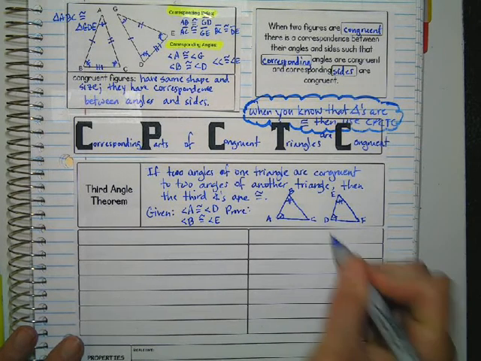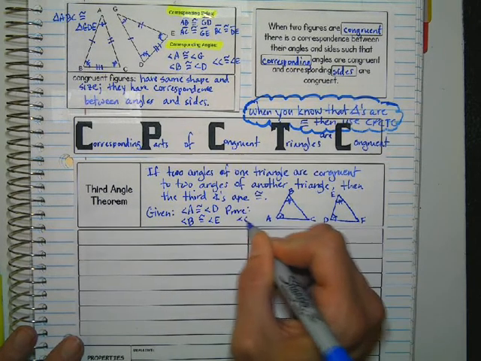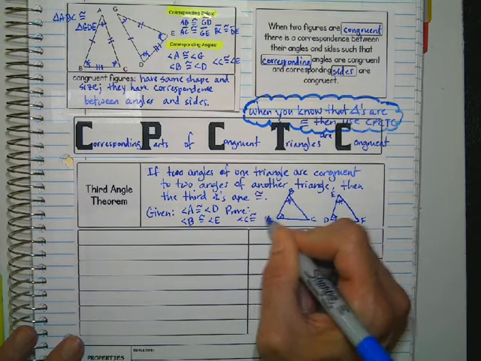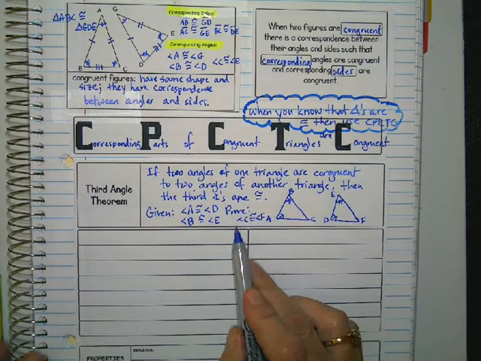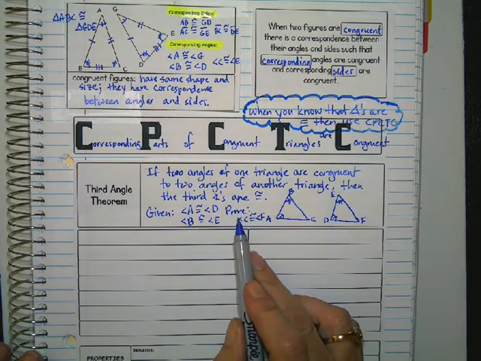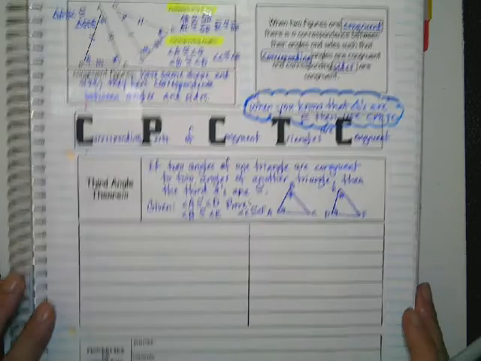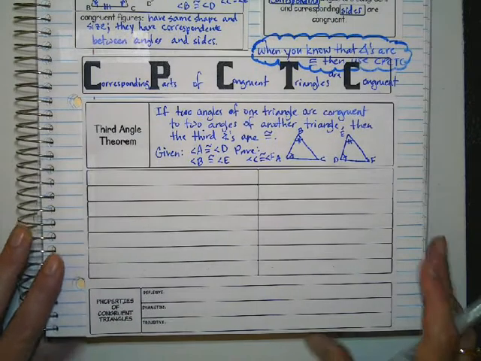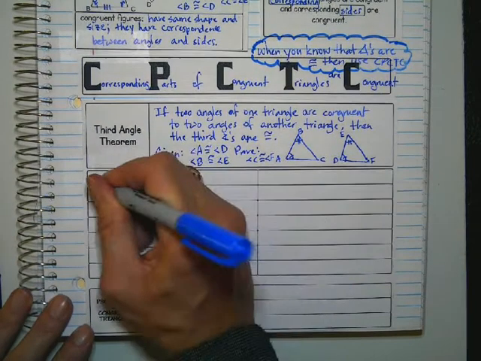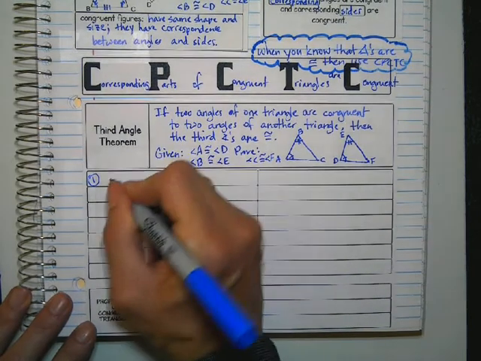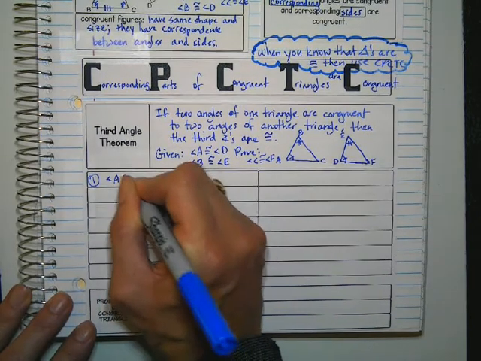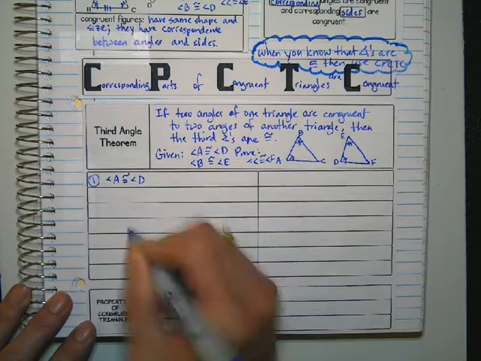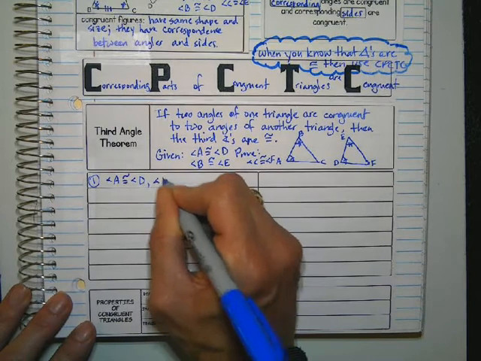So we've got the proof all set up here. Let's go ahead and get it started. Number one, of course, is the given. Angle A is congruent to angle D, and angle B is congruent to angle E. That's given. Now, if you want, you could go ahead and just pause the video and see if you can figure that out on your own.